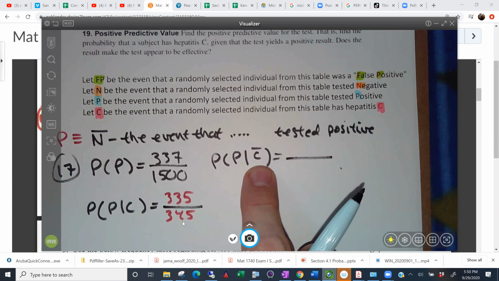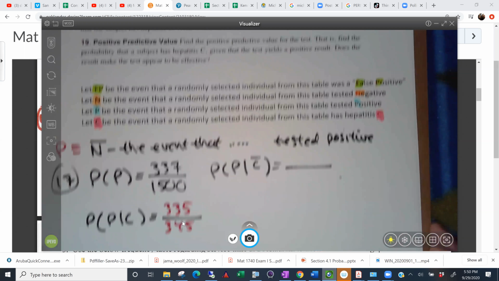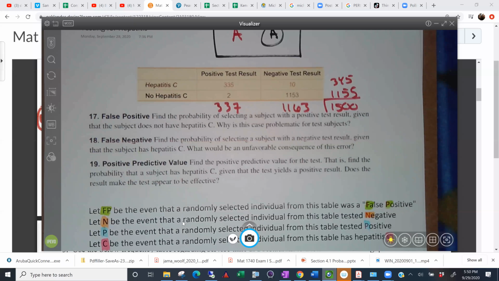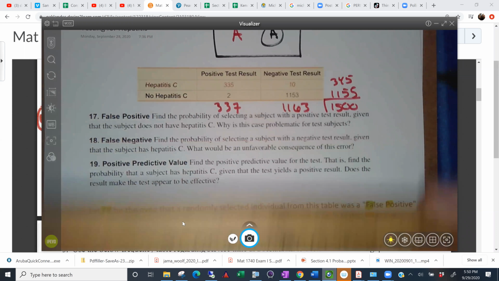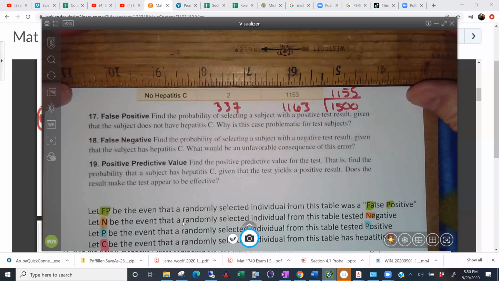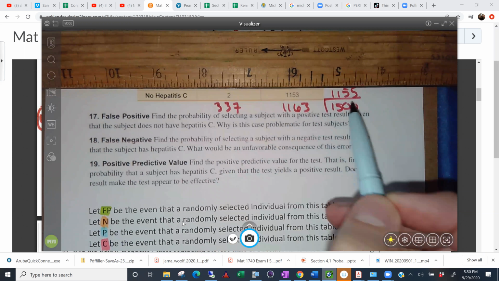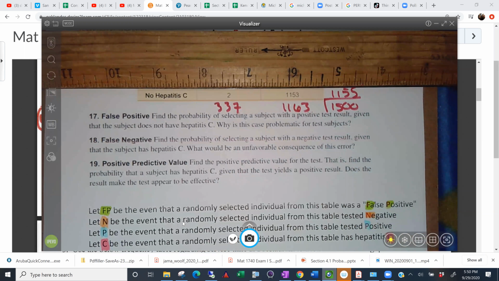You don't have hepatitis C. Where does that put us on this table? The second row with no hepatitis C. Perfect. Thanks, Megan. Now we're right here, the second row amongst the people that don't have hepatitis C.